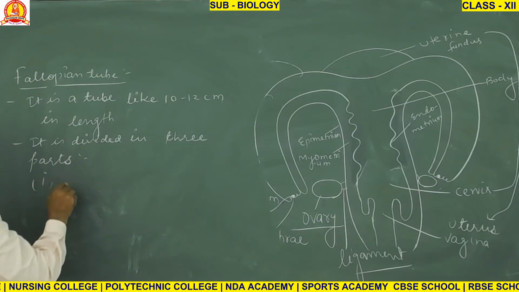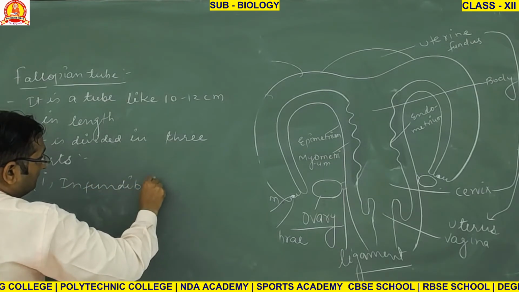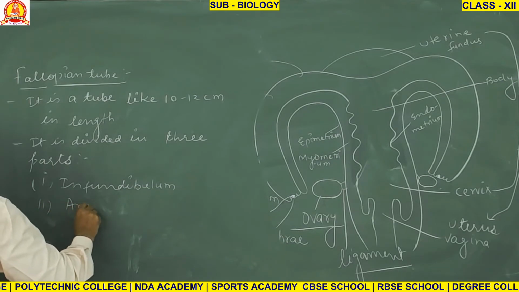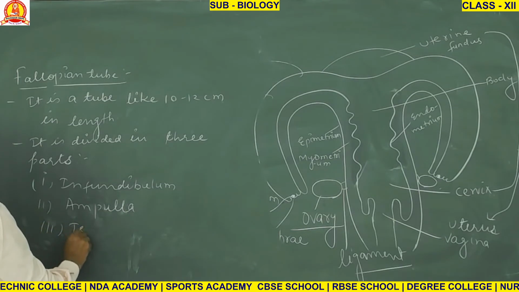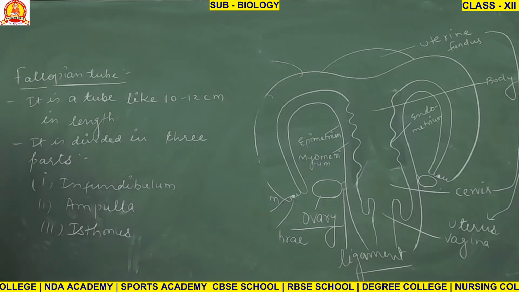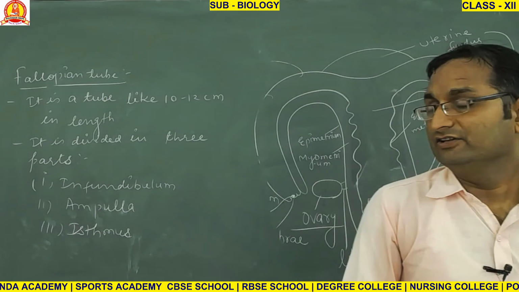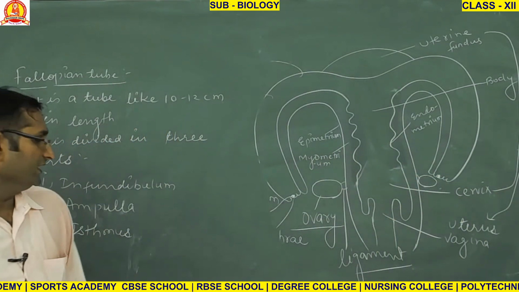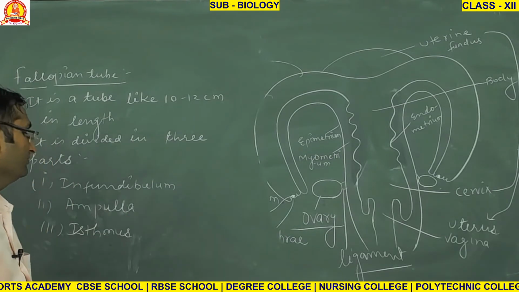The first one is infundibulum, the second one is ampulla, and the third one is isthmus.